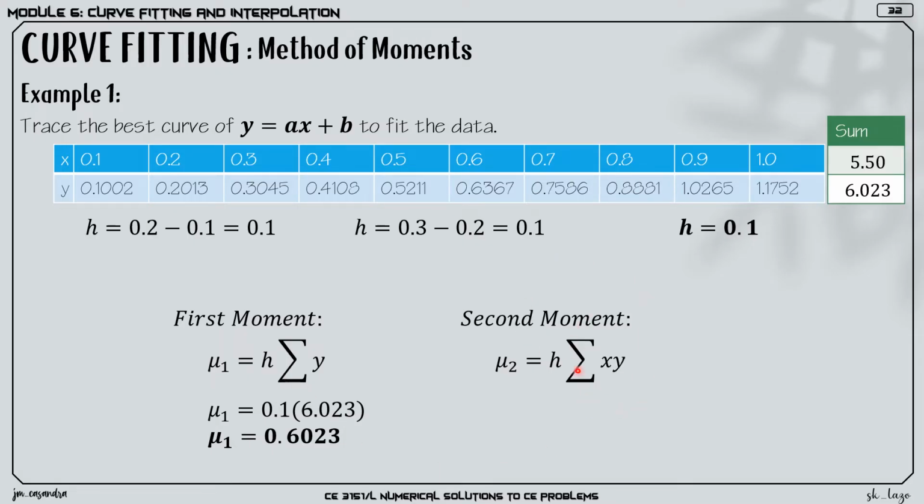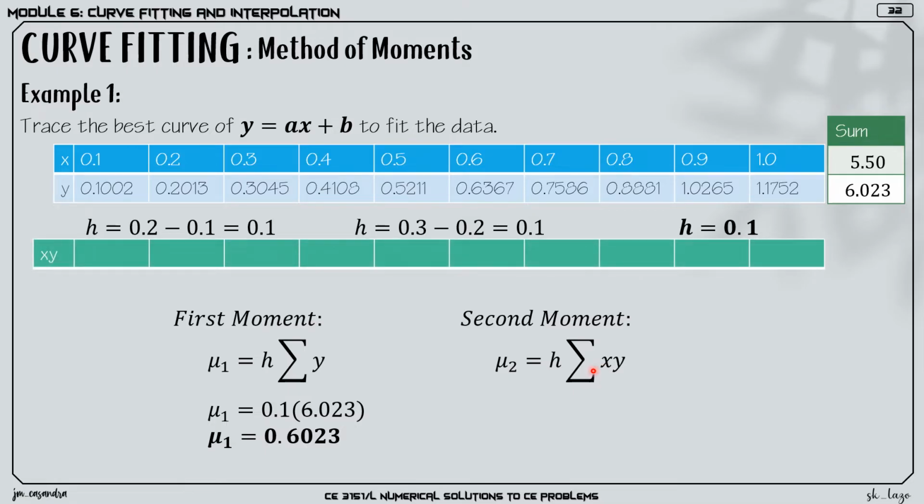So for the x sub y values, we have to determine first the individual values of xy for each variable x, wherein for 0.1, we have 0.01002. For 0.2, we have xy equal to 0.04026.